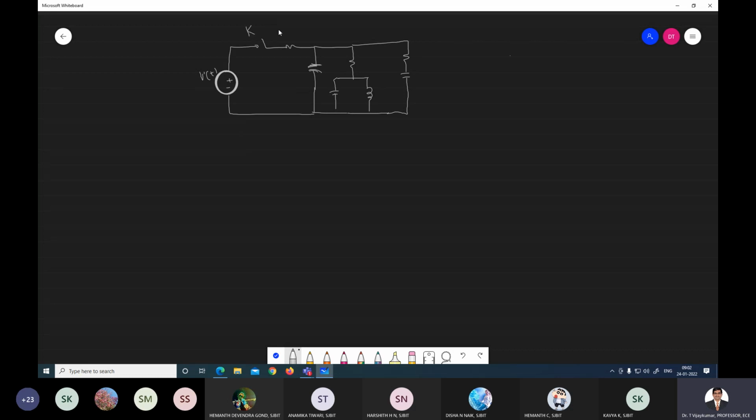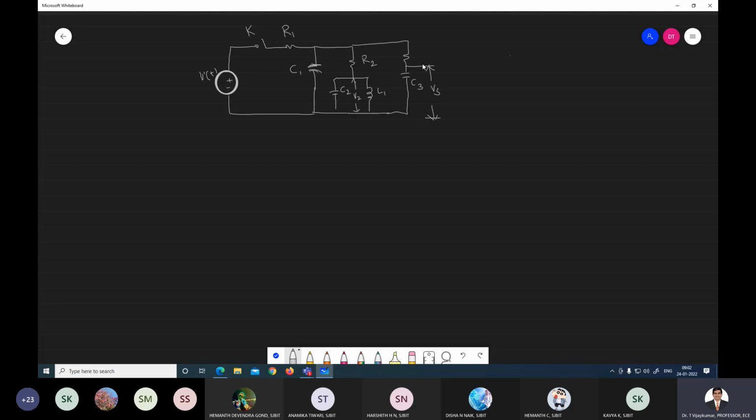This is switch K, and this is your R1, and this is your C1, and this is your R2, and this is L1, and this is the C2, and this is the capacitor. The voltage across this capacitor is V2, and the voltage across this capacitor is V3, and this value is C3.